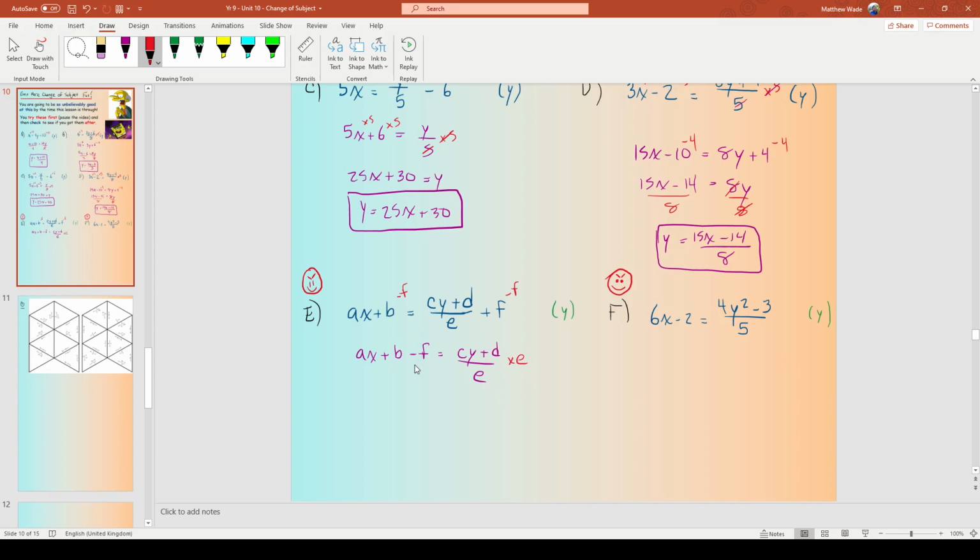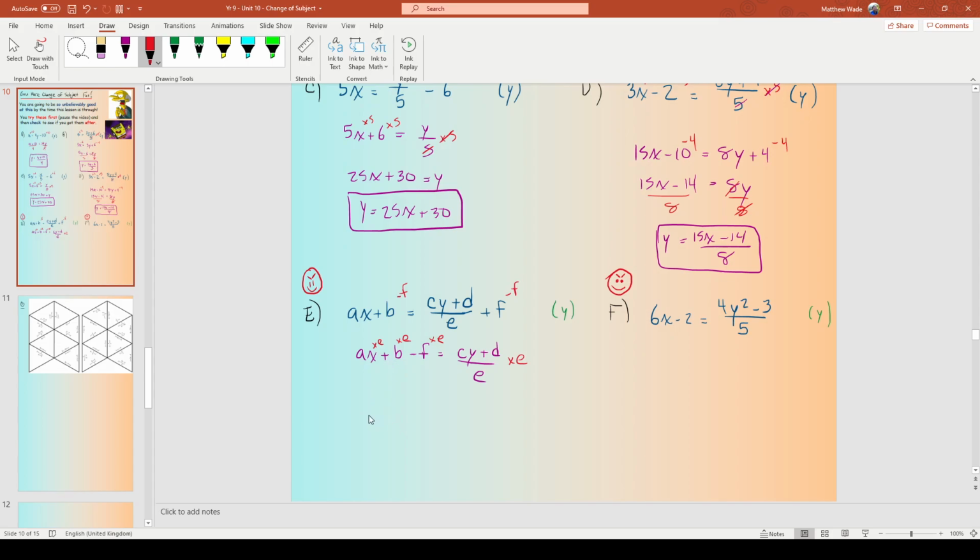Now we're going to times every single term by e, because when you're multiplying, you're not just timesing one thing by e, you're timesing the whole of both sides by e. So if you times this by e, you're going to go times e, times e, times e, because those are 1, 2, 3 terms, because each one is separated by either a plus or minus. We have 1, 2, 3 terms, and that's it.